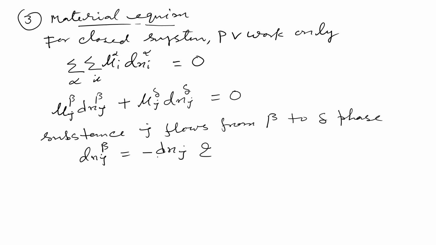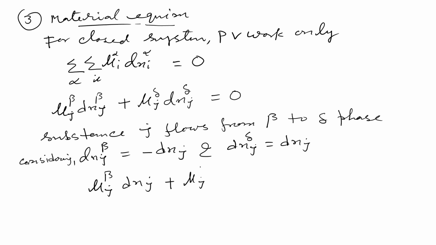And here I am considering dnJ delta is equal to plus dnJ, right? Then what will this equation be? That is mu J beta dnJ plus mu J delta dnJ is equal to 0.